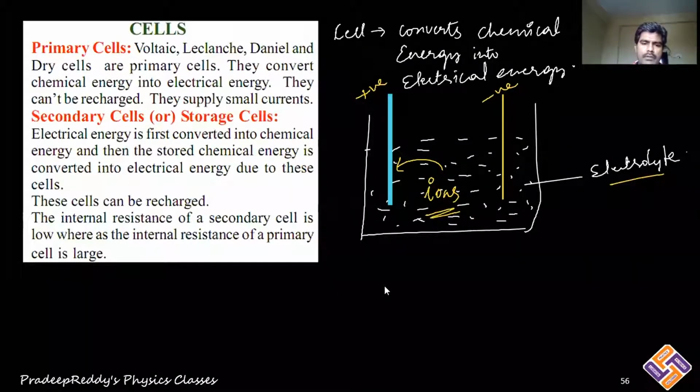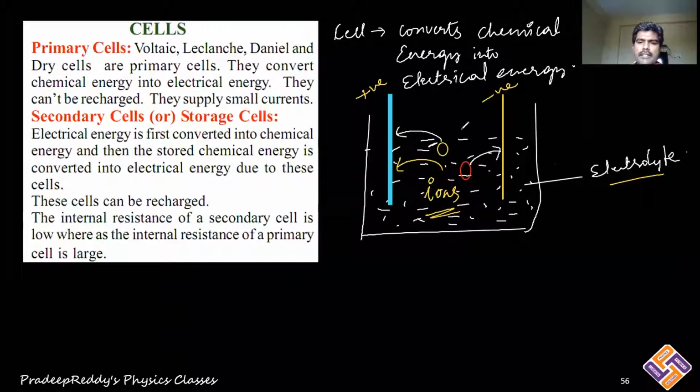So we have two types of ions here, one positive and the other negative. As I told you, negative ions are pulled towards the positive terminal, and the positive ones are pulled towards the negative terminal.